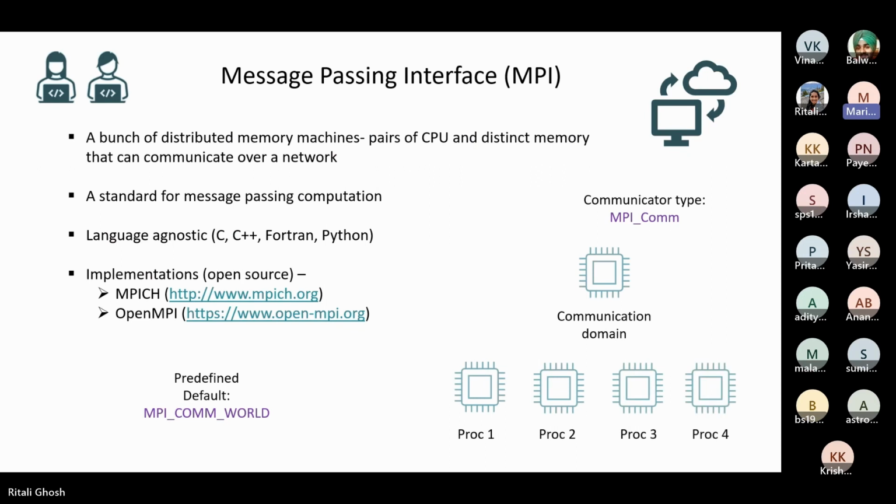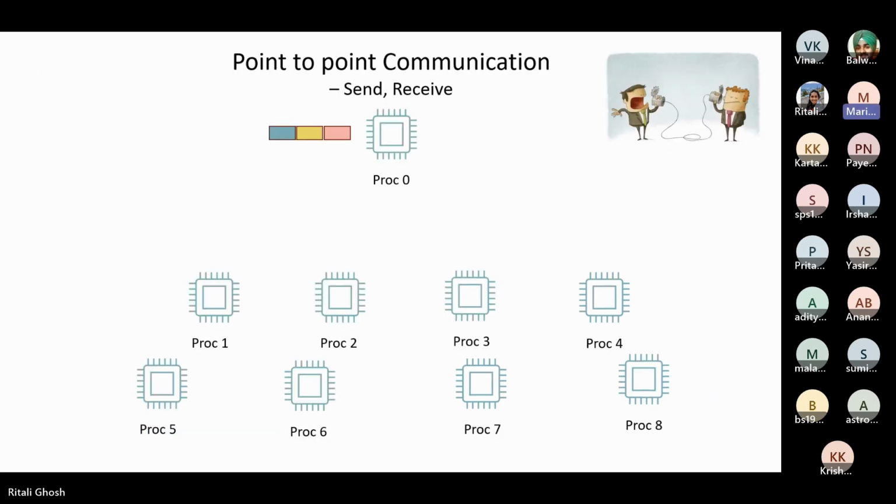The basic idea is that there is a default communicator called MPI_COMM_WORLD. The communication between different processes, say 0, 1, 2, 3, 4, is going to be dealt with by this default communicator, and you can have your own MPI communicators as well.